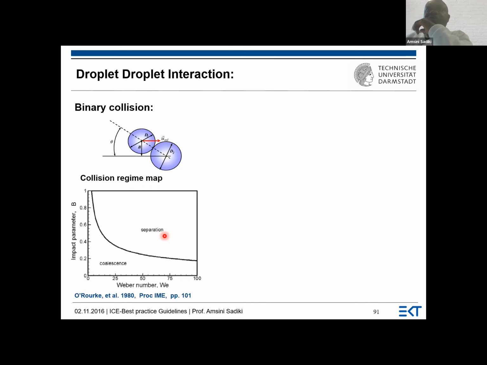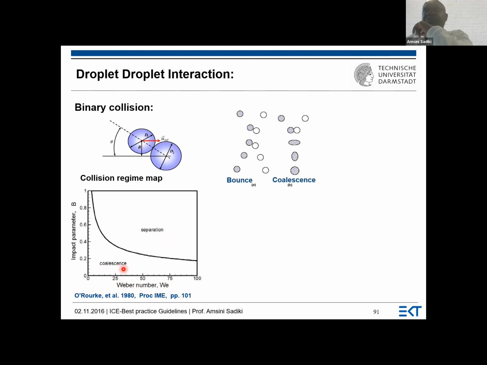And if we account for the collision process and only the binary collision, we will have this kind of picture where the impact factor is B. And if we plot this impact factor as a function of the Weber number, then we have only two regions: the separation and the coalescence.